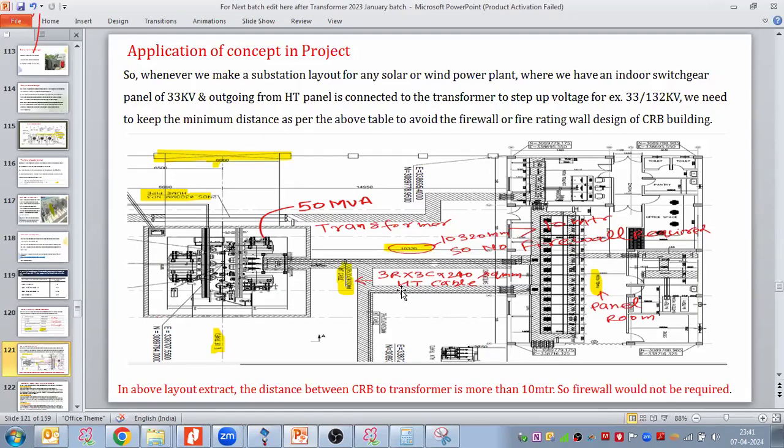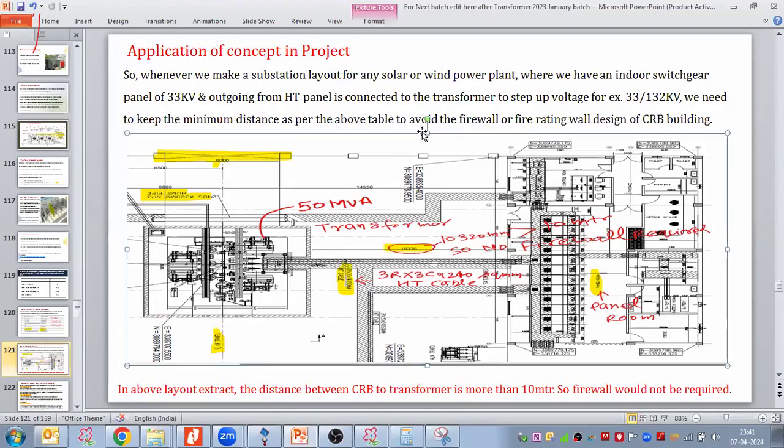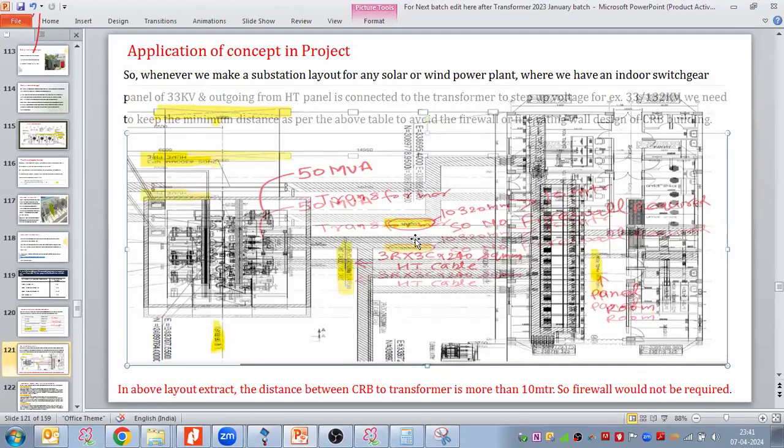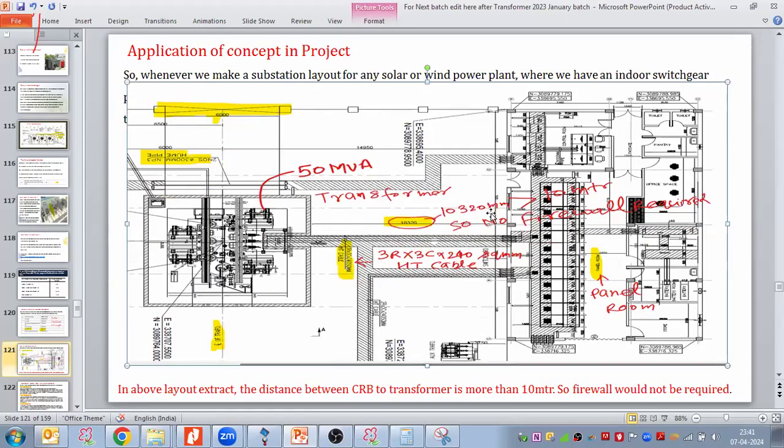When you prepare the layout drawing for a solar power plant, you must mark the distance between the transformer foundations. Do not take the GNO; take the transformer foundation as a reference to the control room building. Could you see in this particular layout drawing, 10,320 millimeter is marked, right?